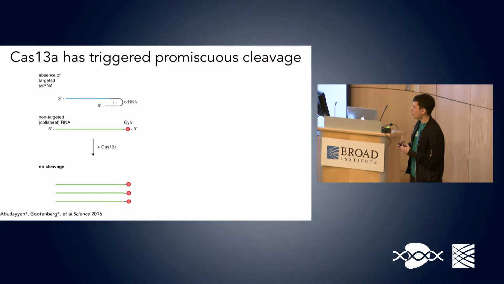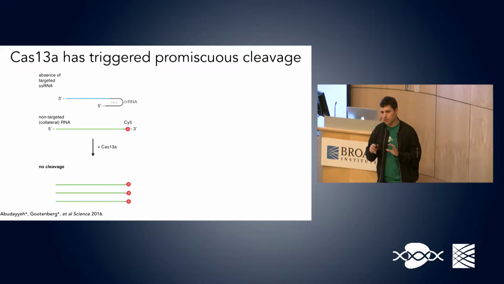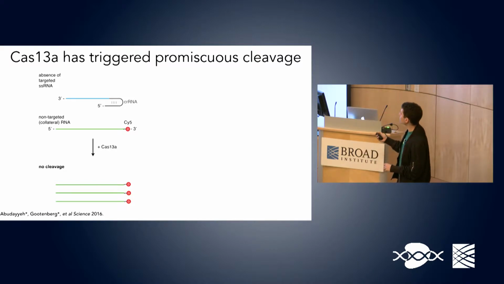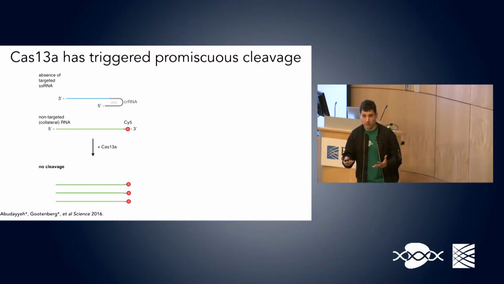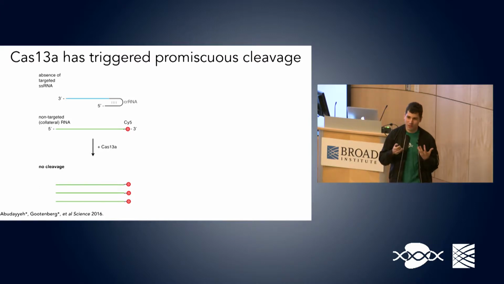When Omar and I were originally characterizing Cas13a, we found that it had a very interesting characteristic, which we termed the collateral effect. It's a triggered promiscuous cleavage. To walk you through it, without the targeted ssRNA, if you just have other RNA in the solution, which was fluorescently labeled in the paper, but of course it doesn't have to be, and you incubate it with Cas13a, you don't get cleavage, which is great because we'd like our CRISPR enzymes to have specificity and not be cutting things up willy-nilly.